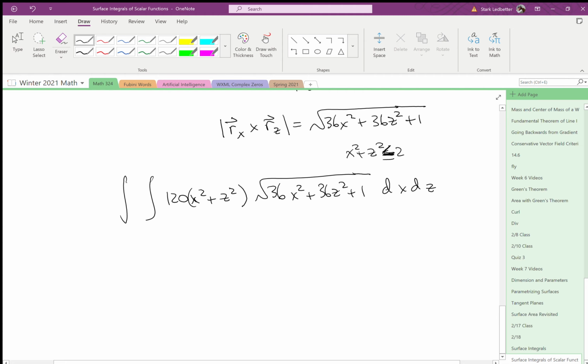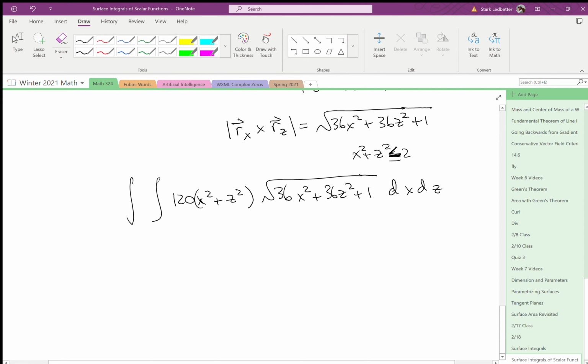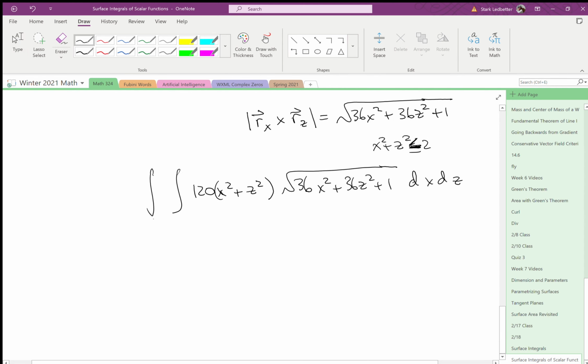Okay, that's kind of annoying, because then my bounds are negative root 2 to positive root 2, and then negative root of 2 minus z squared to the root of 2 minus z squared. Also, I'm not sure how to do these integrals. I have an x squared out here and an x squared in here.